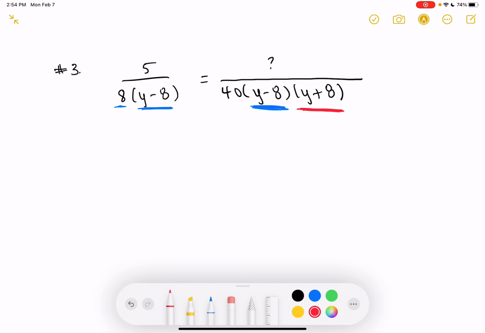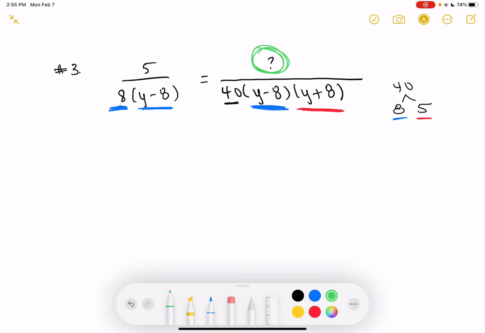It is. Okay, so if we look at this 40 right here, this 40 has the two factors of 8 and 5. Right? So that 40 does have that factor of 8. That's what's here on the left. However, it's missing that factor of 5. So what this means is we're trying to figure out what is up top.